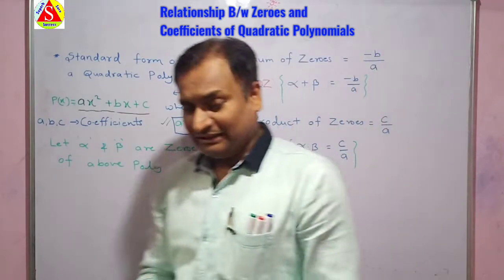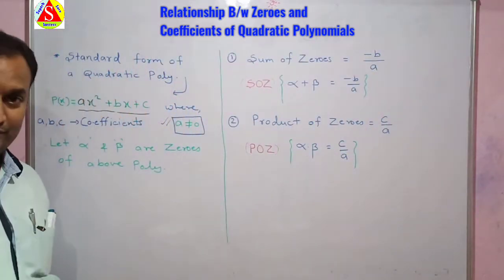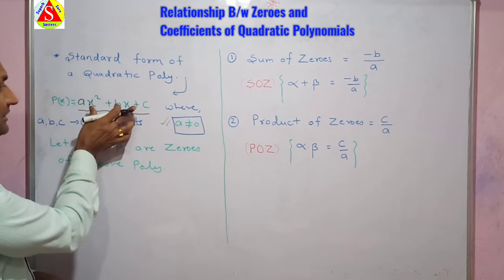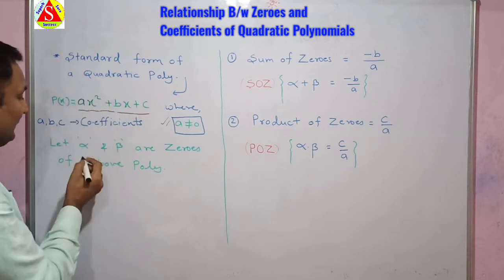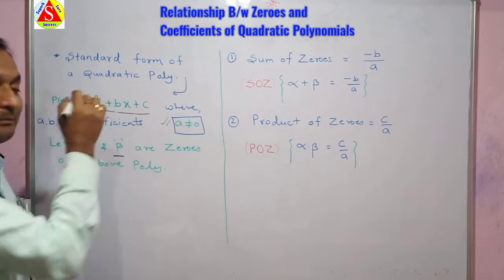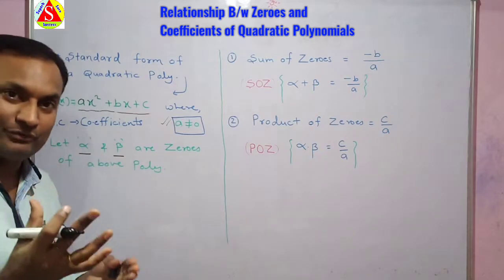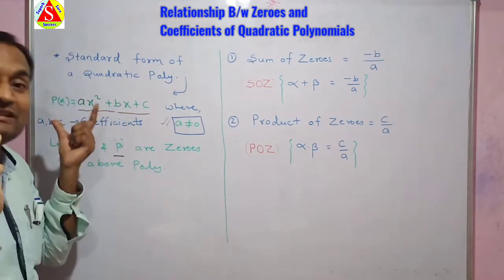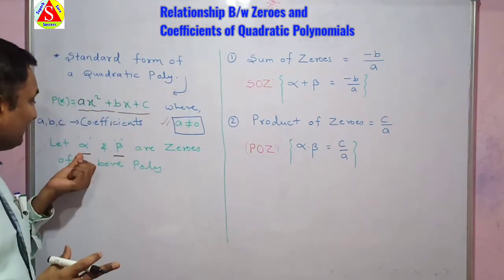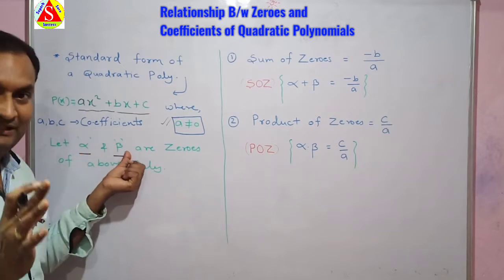So let the zeros of this polynomial be alpha and beta.